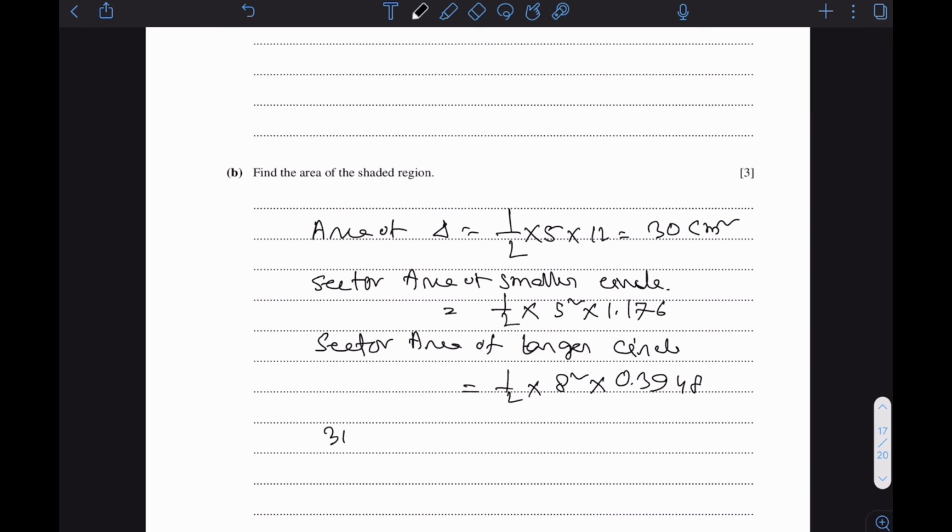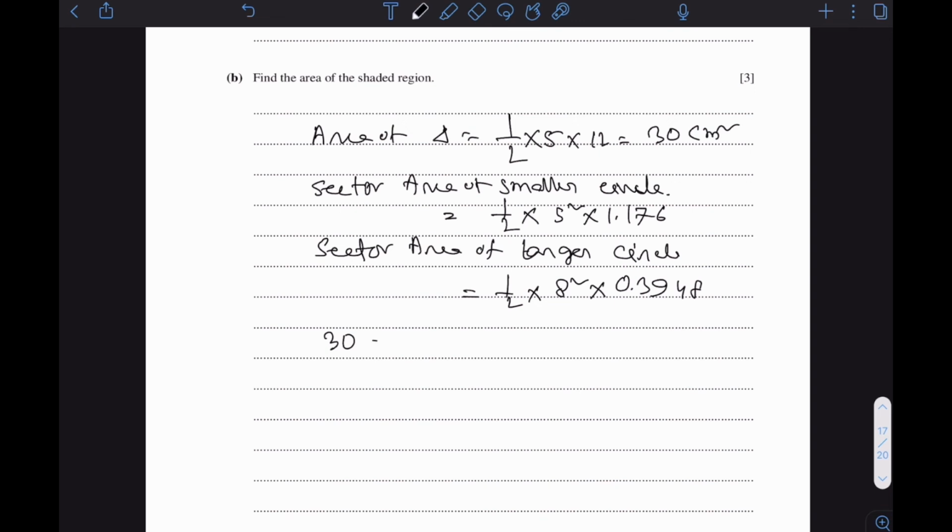So area will be 30 minus 0.5 into 5 square into 1.176 minus 0.5 into 8 square into 0.3948.